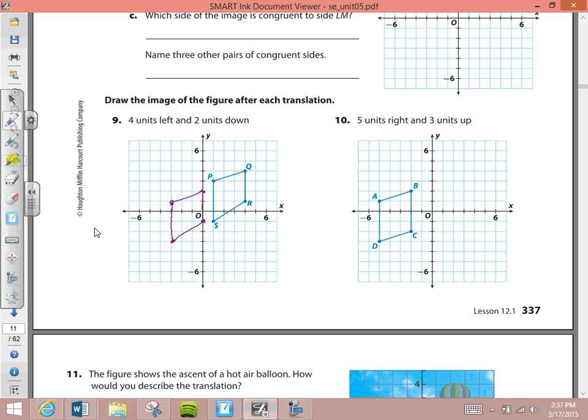Super easy. 5 right and 3 up. Easy, right? There is nothing complicated about this one.